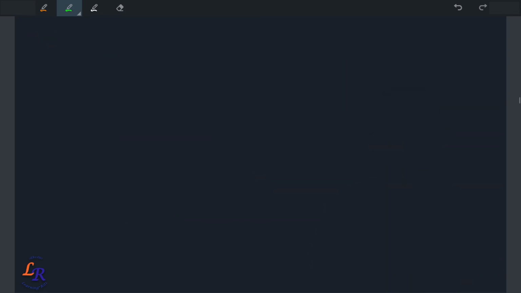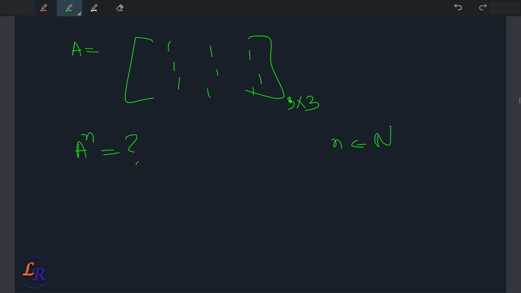The question is: let's say you have a 3 by 3 matrix A in which all the elements are 1. Find the value of n, where n is a natural number, like 1, 2, 3 and so on.